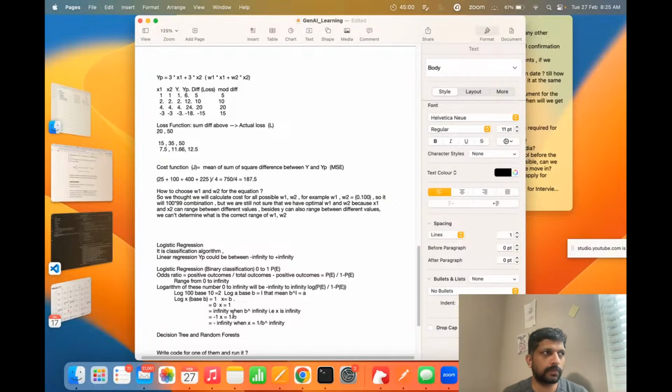So your values of linear regression are minus infinity to infinity. Now what happens if you want to map a certain value? You apply a linear regression, you get a certain value.